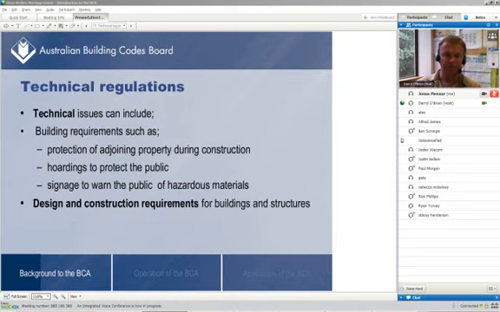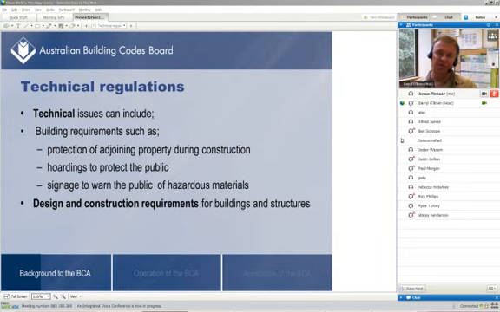Technical regulations can include building requirements such as protection of adjoining property during construction, hoarding to protect the public, signage to warn the public of hazardous materials, design and construction requirements of building and structures. Now, with the regulations, don't believe that the BCA is the only technical legislation or technical standard you have to use.